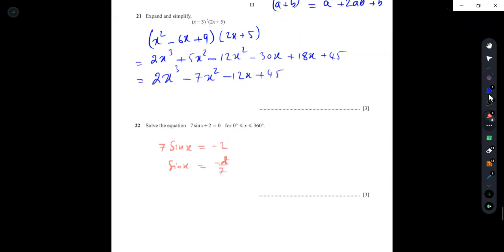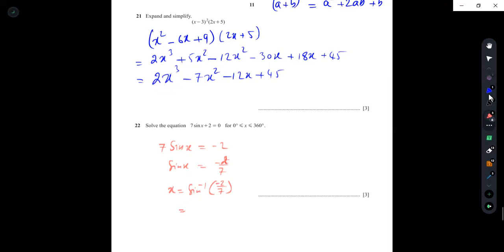And then to find the value of x, x will be equal to sine inverse of negative 2 over 7. X is to be found, so sine is to be taken to the other side. It will become sine inverse, and we have to work out the value of sine inverse of negative 2 over 7.